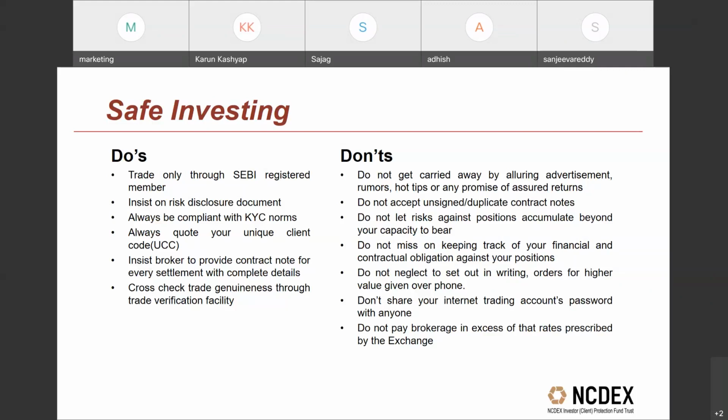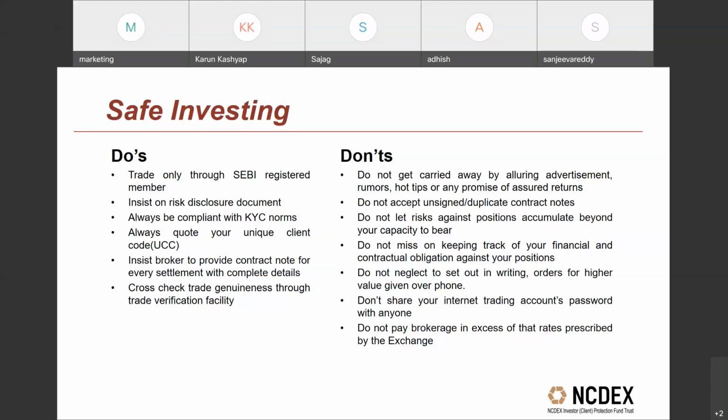We should insist that they provide the risk disclosure document. We should fulfill the KYC criteria and have a UCC code generated on the exchange platform. Whenever we trade, we have to ask the broker to provide the contract note for the trades which have been executed.